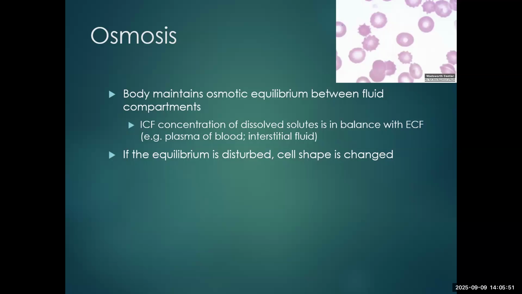So water diffuses from areas of high concentration of water to lower concentration of water. So there's relatively more water here because there are fewer solutes. Does that make sense? And then there are more solutes out here and relatively lower levels of water.